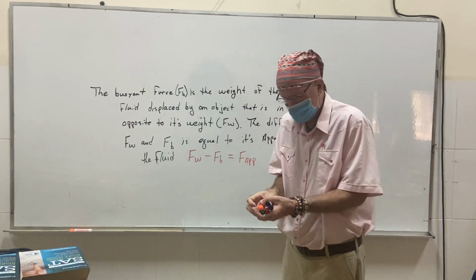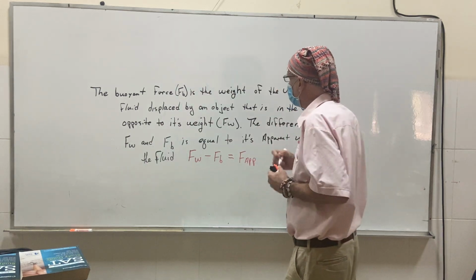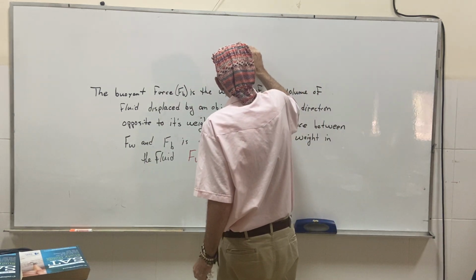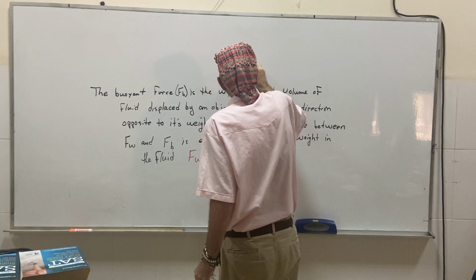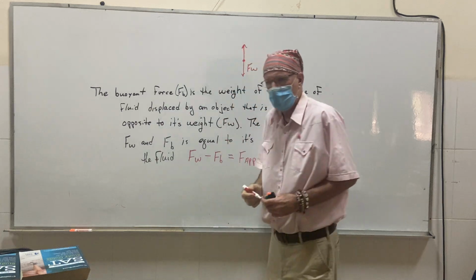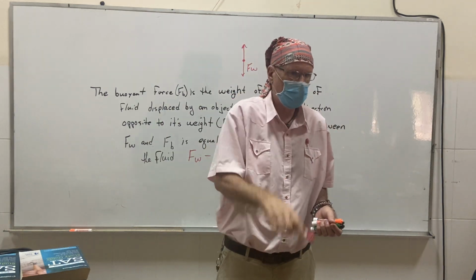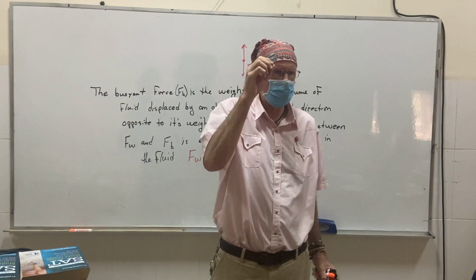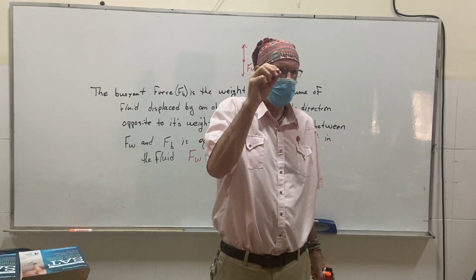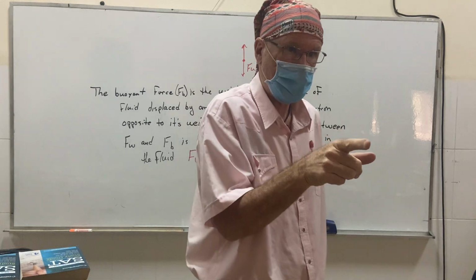The weight is going down. Can you see it here, guys? Yes. This is the weight of the object. The weight of the object is going downwards. In other words, if I drop a stone in water, it's going to sink. It's going to sink because of its weight, correct?